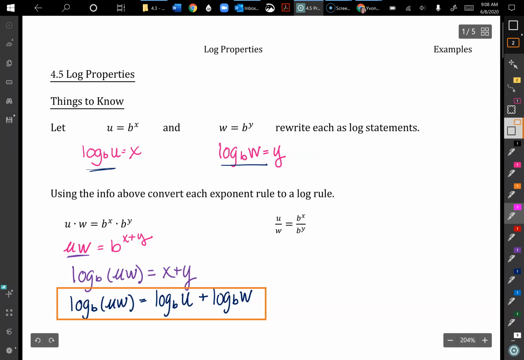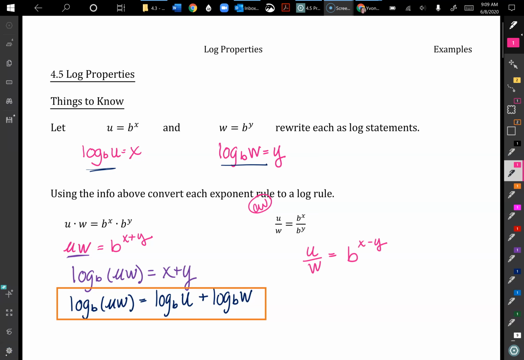So we're going to do the same thing with the quotient. Maybe you could pause the video. I would say you could do this one as classwork and try that one on your own. So go ahead and pause the video and see if you can follow the same pattern that I did of substituting things. Okay, for the first stage we have U over W equals b to the x minus y, using our exponent property there for quotient rule.